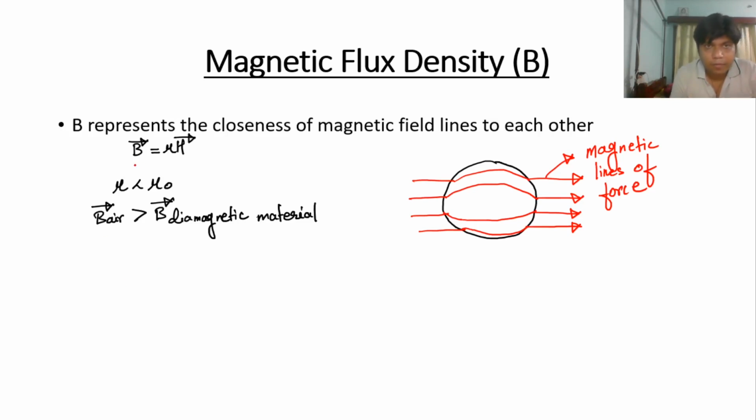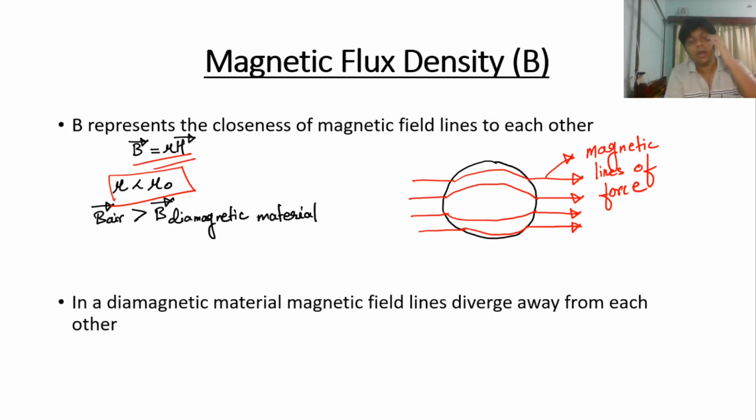Mathematically, magnetic flux density is equal to the product of the permeability and the external magnetic field. Here again, the permeability of a diamagnetic material is generally less than the absolute permeability, and the magnetic flux density of air is generally greater than the magnetic flux density of the diamagnetic material.